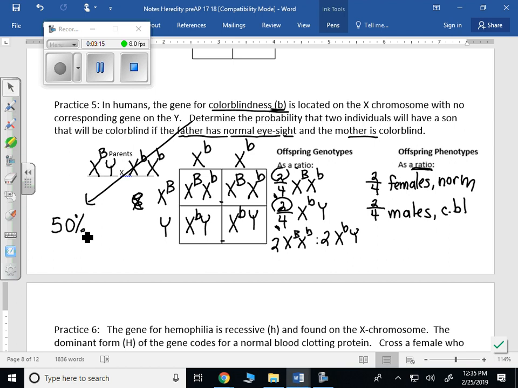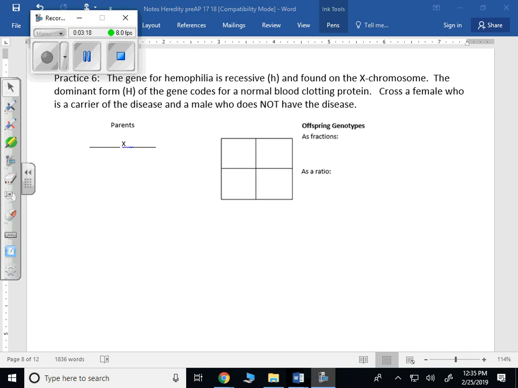Now, on to the next problem. On the next page, it says the gene for hemophilia is recessive and found on the X chromosome. The dominant form codes for that normal blood clotting protein. Cross a female who is a carrier of the disease. So again, you need to remember that carrier means heterozygous.